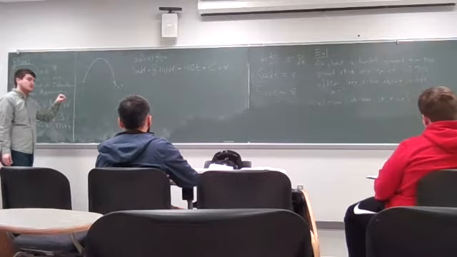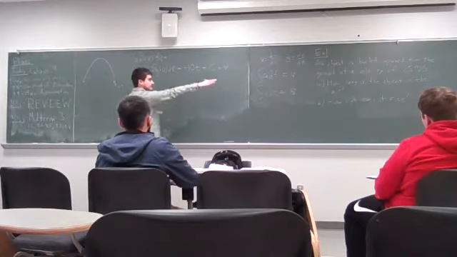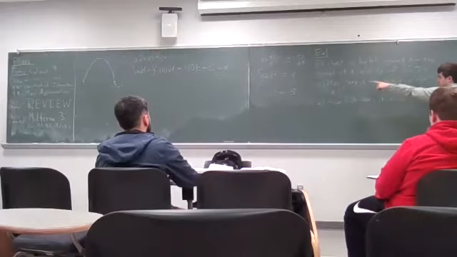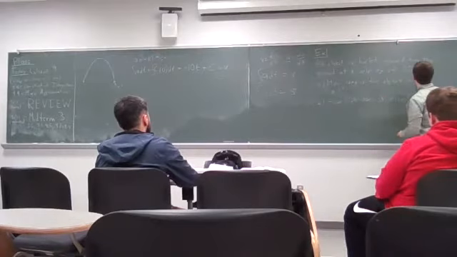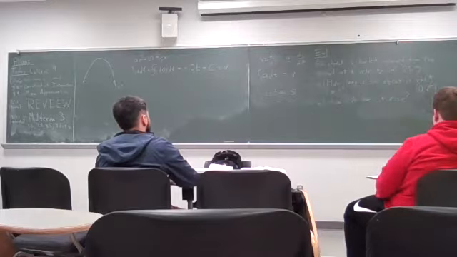When we say we started, what time is that? Time 0. So it starts at a velocity of 25 meters per second, which means whenever I'm at time 0, my velocity should be 25.